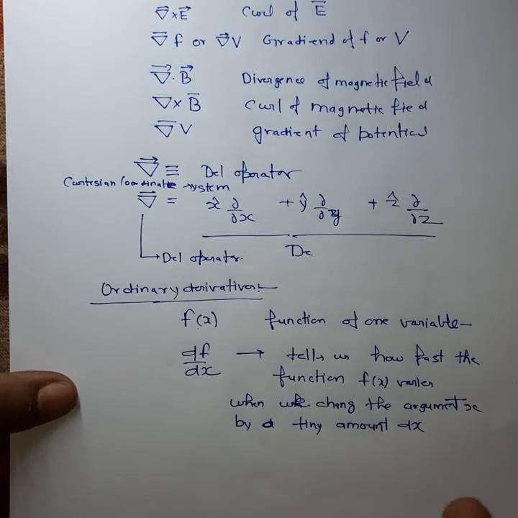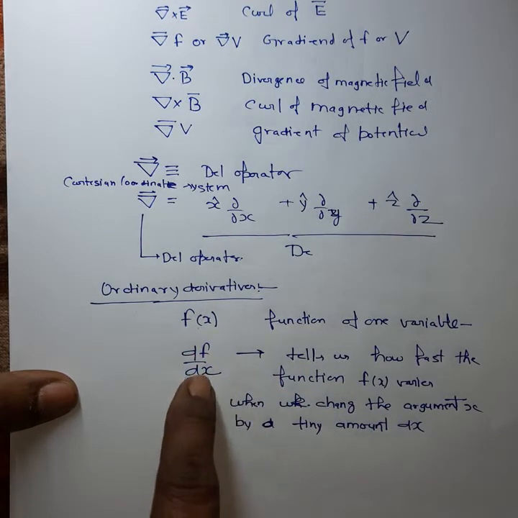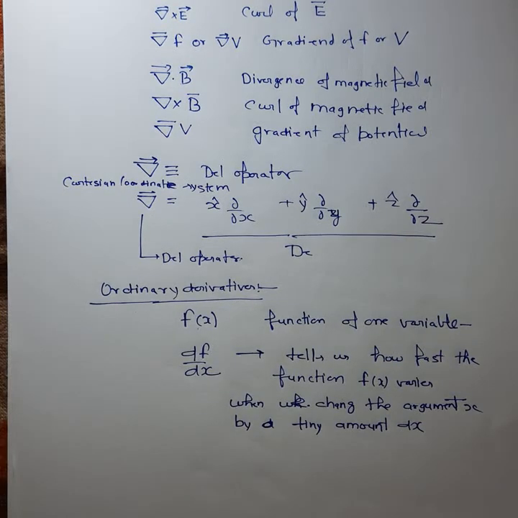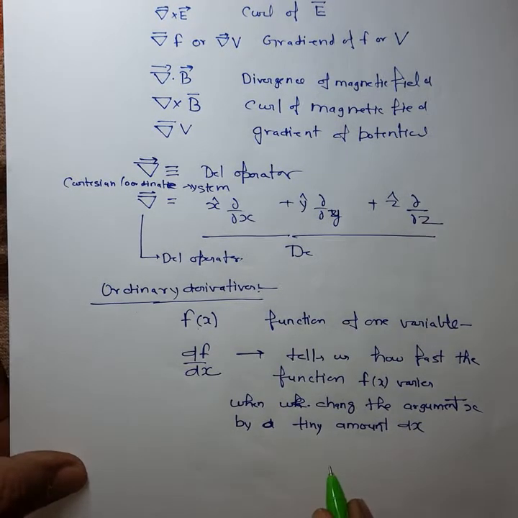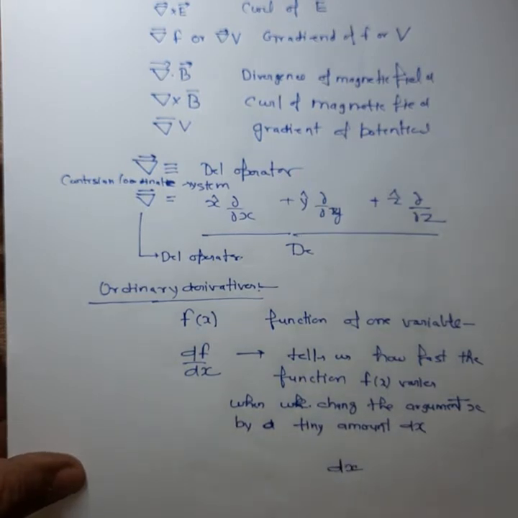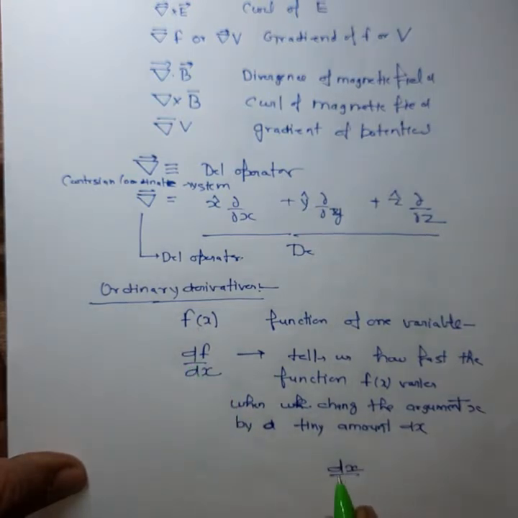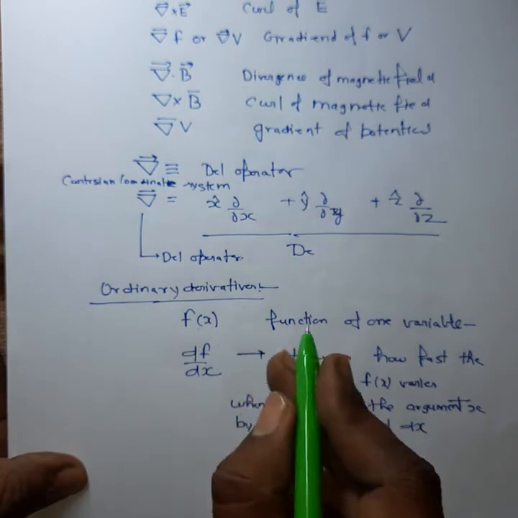When you change x by a very small amount, how fast f changes, this ratio is called df by dx. Suppose you change x by an infinitesimal amount dx, then what will be the change in f? When you change x, f will also change.